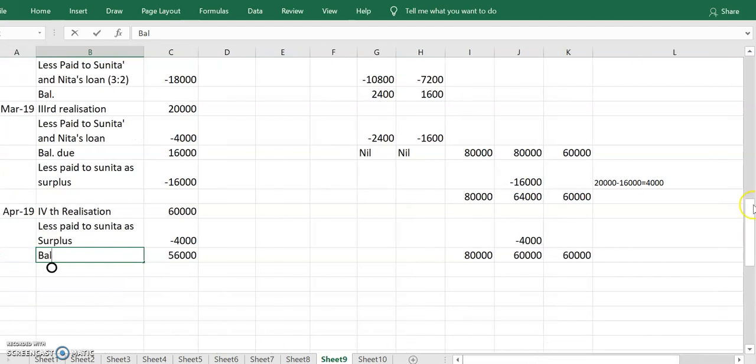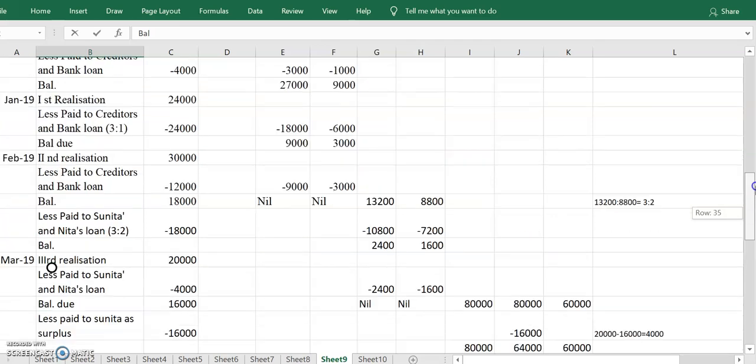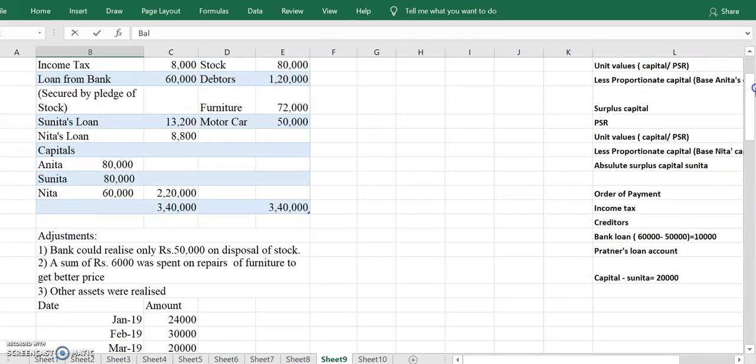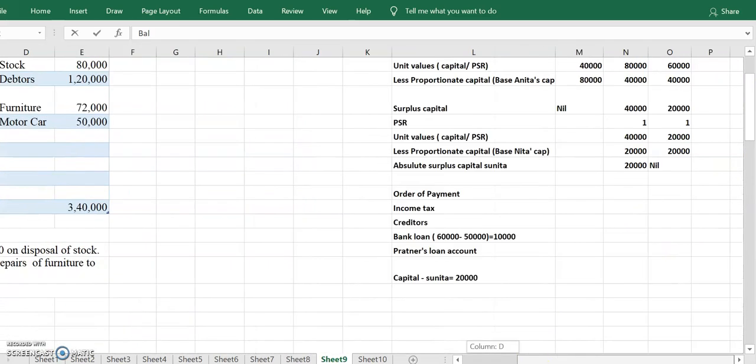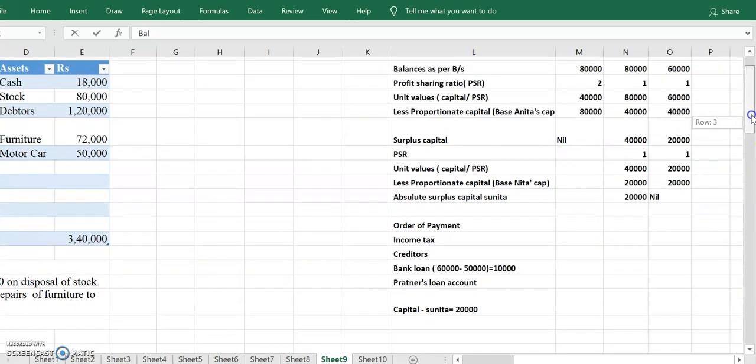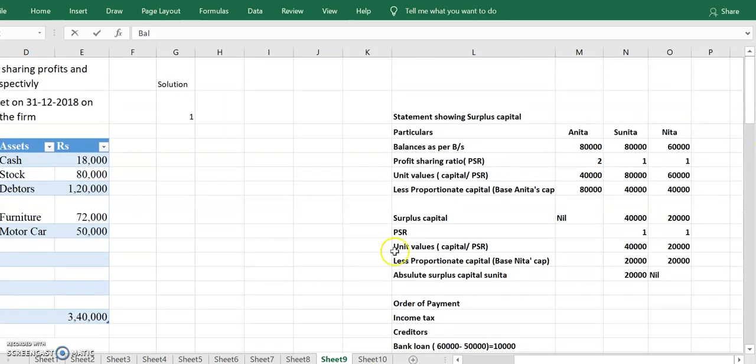Now we move towards the statement again, the cash statement showing the distribution of cash. According to this, there are these stages we have to prefer. Absolute surplus for Sunita, this is stage number 1, and we paid all the steps for the payment of this heading. And now we move towards stage number 2 for the payment, surplus statement, surplus capital. According to this line, you have to pay 40,000 to Sunita and 20,000 to Nita.